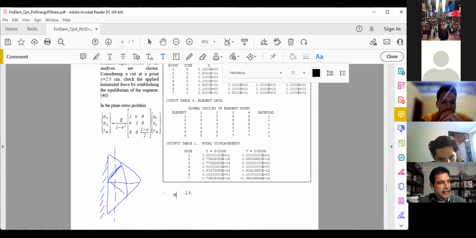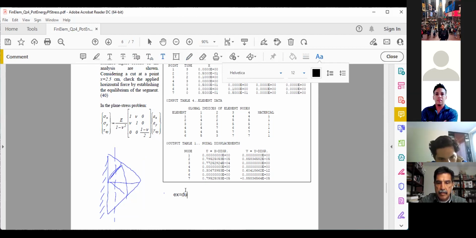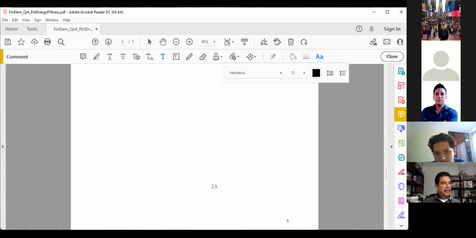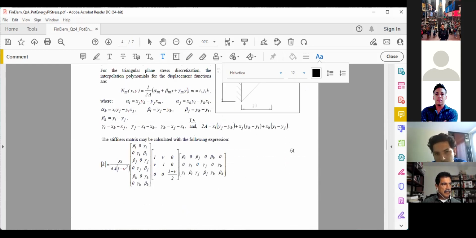So epsilon x, as Mr. Nevares said, is equal to du dx. Now, u can be approximated using these parameters.